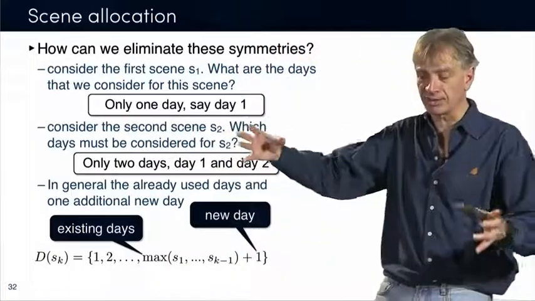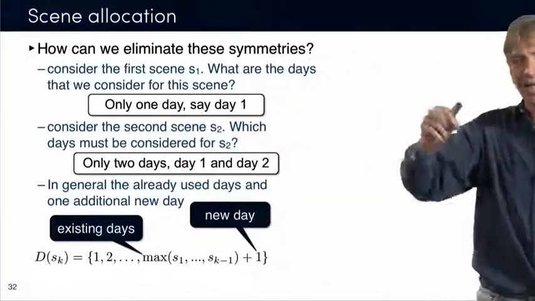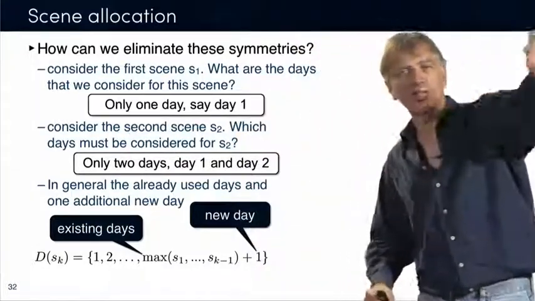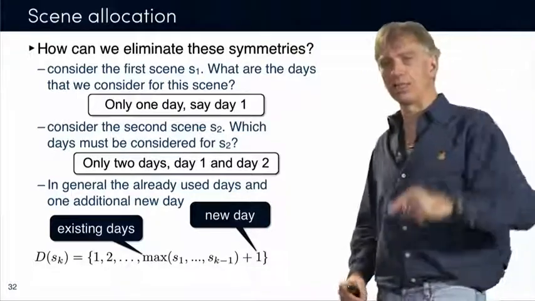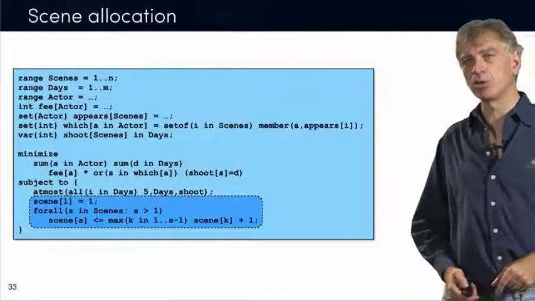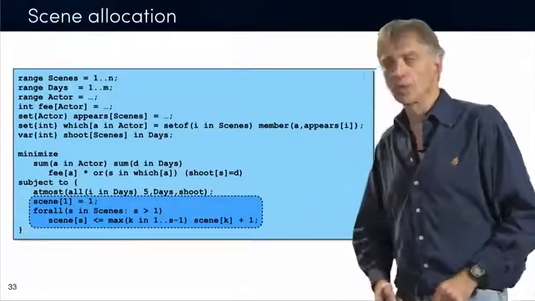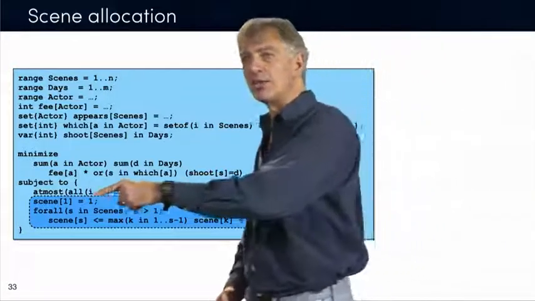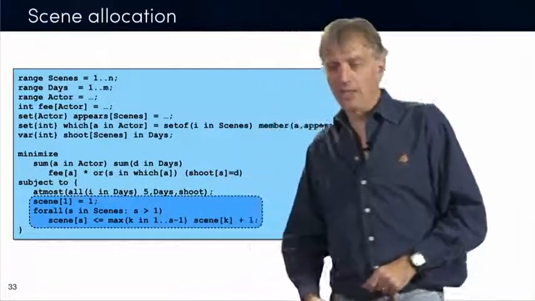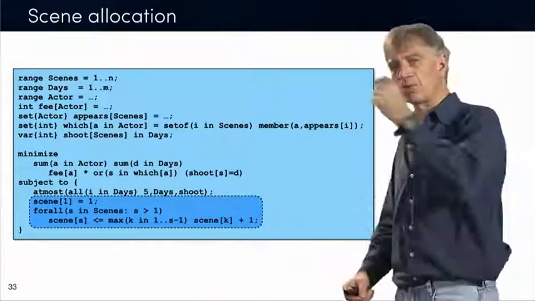At this point they are essentially interchangeable. So in a general fashion, when you look at scene i, you were looking at the days that were assigned before plus a new day, and that's what this formula was telling you. So we built this model, and then you had these symmetry breaking constraints, where you were saying that scene one is allocated to day one, and then all the other scenes were allocated to the values assigned to the previous scenes plus a new one.